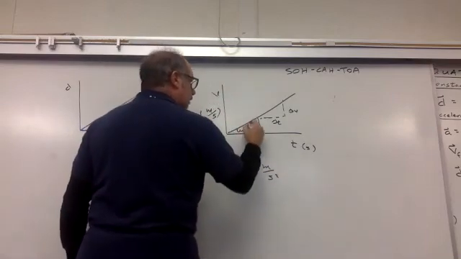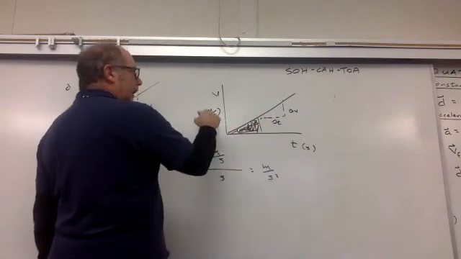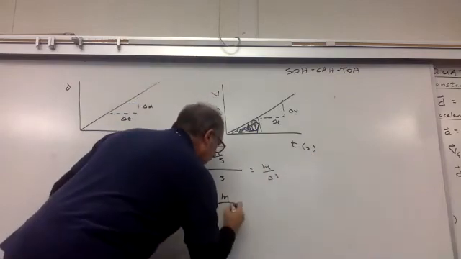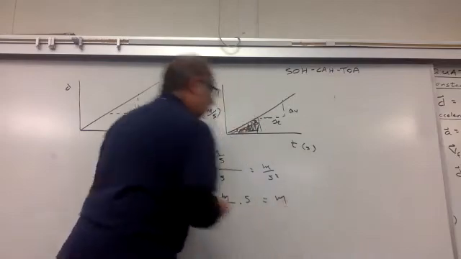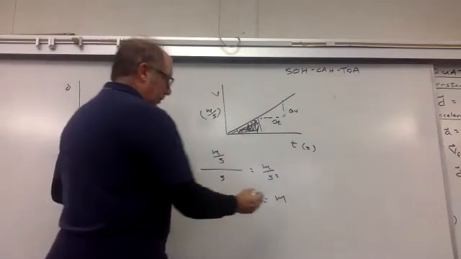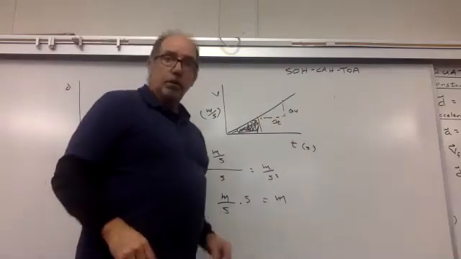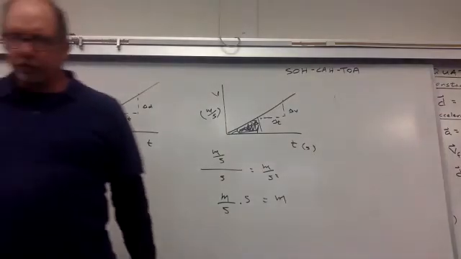Instead, area is one dimension times the other dimension, length times width, and that gets you meters for displacement. So the area gives you displacement. The slope gives you acceleration. Okay?